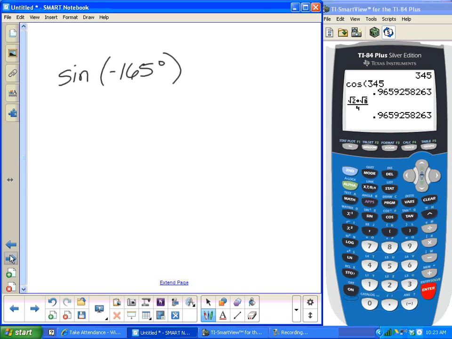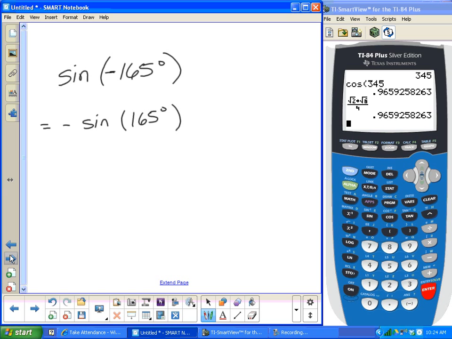It's negative. Now you could add two negative angles, but let's just use something that we already know. What did we say about negative angles on Friday that we could do? You could find a coterminal angle by adding 360, and that would work fine. But let's use something that I don't really have to do any thinking about, hopefully. Sine was even or odd? Odd. So sine of negative 165 would be the same thing as the negative sine of 165.